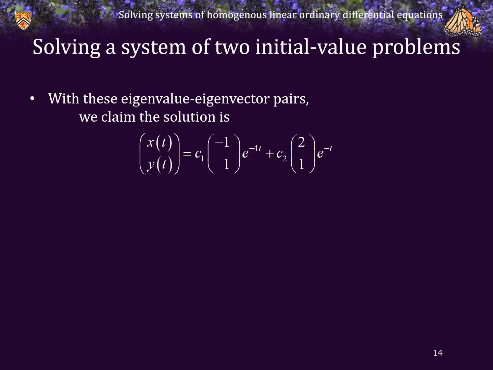The second eigenvalue was -1, so e to the negative t. Now, this is a vector-valued expression. You can also just write it as x of t is -c1 times e to the -4 times t plus 2 times c2 e to the negative t. And y of t is c1 times e to the -4 t plus c2 e to the negative t.